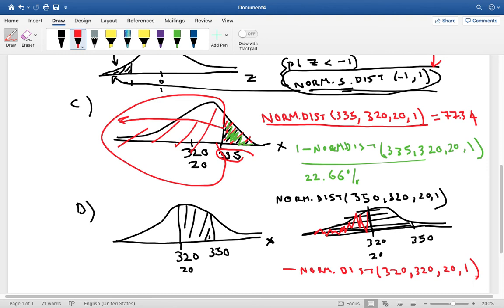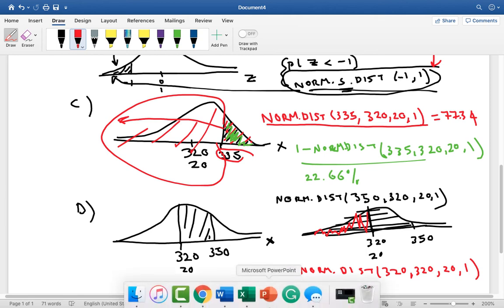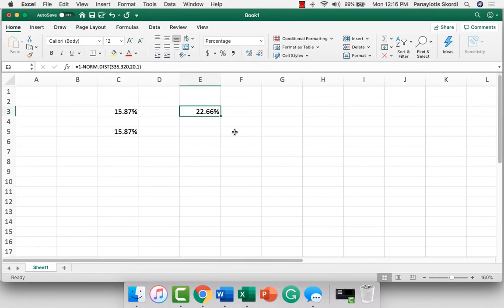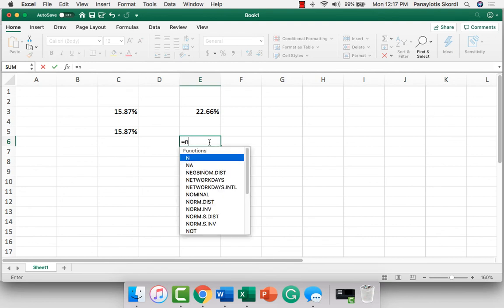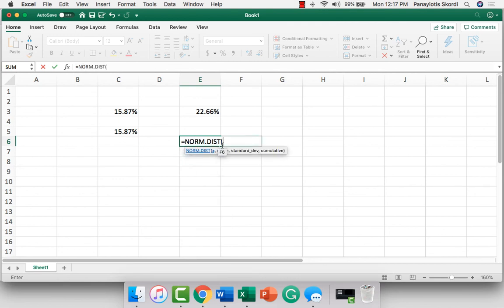So we can just pop over to Excel and do that. Equals norm.dist of 350. The mean is 320. Standard deviation is 20 and 1. And that's the first bit.